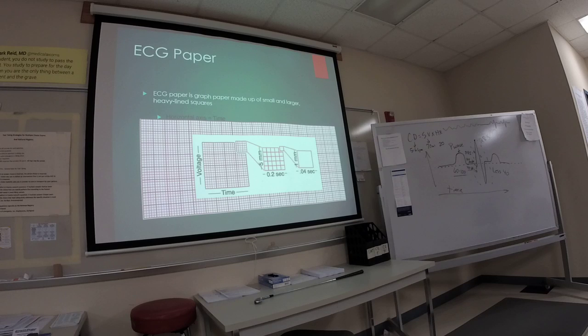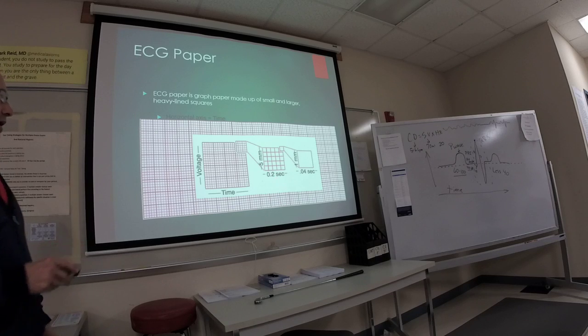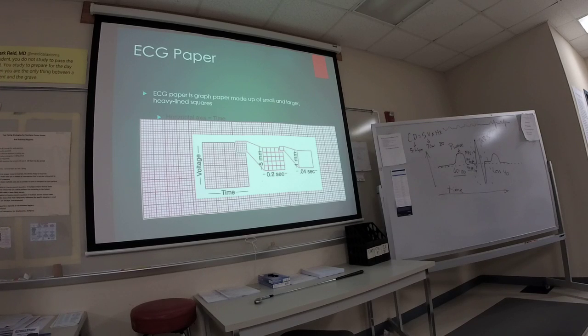One more thing and we'll call it good. Let's get through the paper. We've already talked about this a little bit. Remember the EKG paper, across here is time, and this is amplitude. In EKG interpretation, we're mainly concerned with time. So we have big boxes and little boxes.